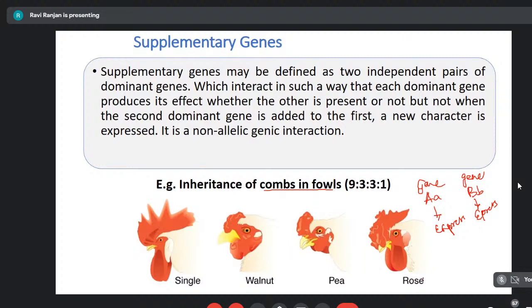So this rose comb is because of the capital R gene, pea is because of the capital P gene. When both of them are recessive, they will produce the single type, and when both of them are dominant, that is, when both are present together, they produce altogether a new type which is known as walnut.